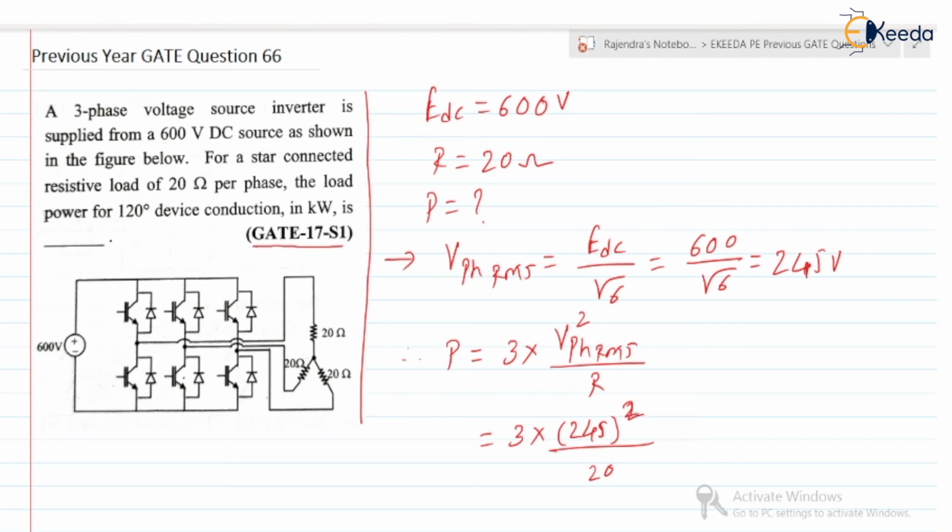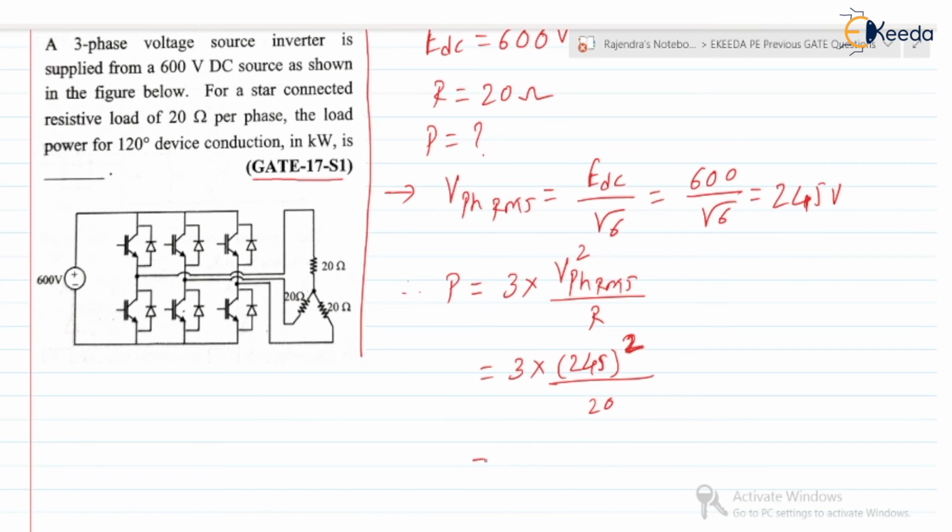So from this, it is equal to 245 squared divided by 20 into 3, which is 9.003 kilowatt. So power is roughly 9 kilowatt.